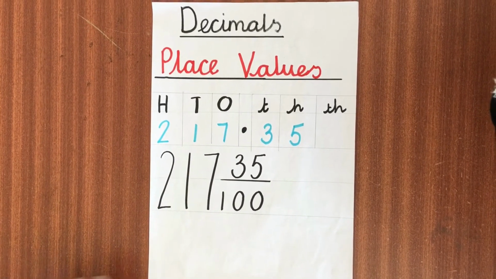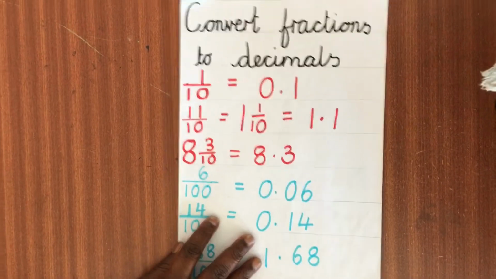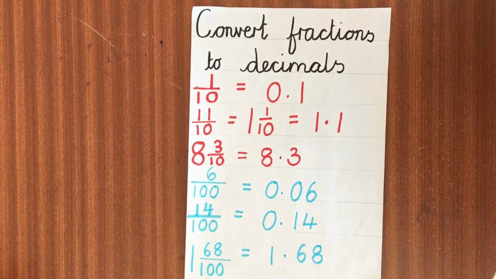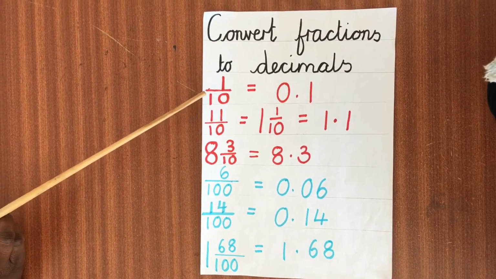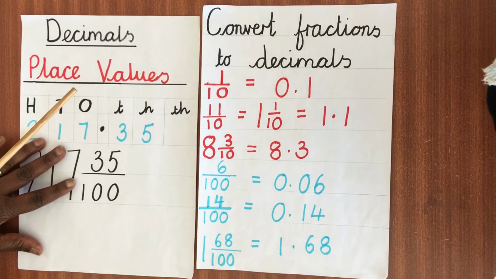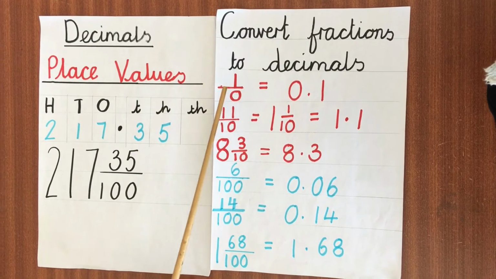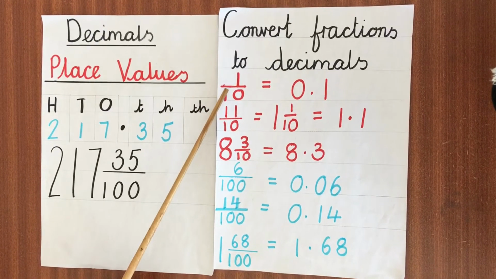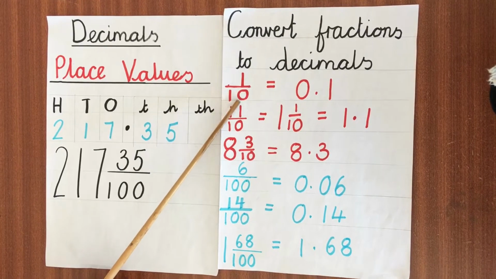Now I'm going to move on to show you how to convert fractions to decimals. When you look at this fraction, 1/10, don't forget the place value. Remember, we are looking at the place value. Look at the denominator, it's a tenth.